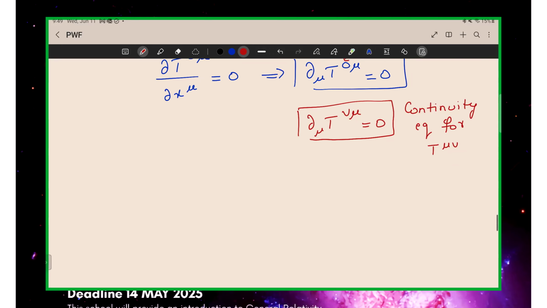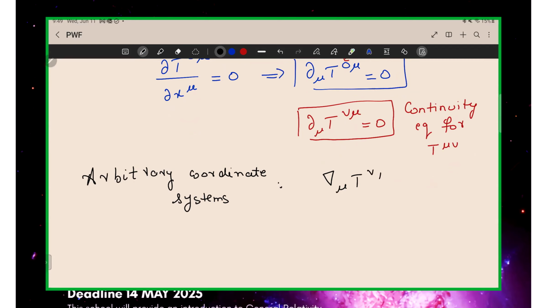So in general or arbitrary coordinate systems, this equation will become something like this. The derivative that we had is replaced by the covariant derivative. Because the thing is that this equation itself is not covariant because it has a derivative.